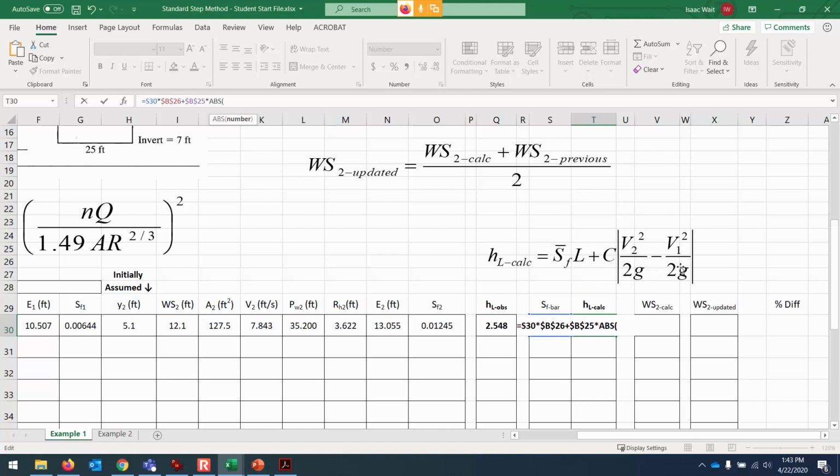All right, so that's going to be here, v2 squared divided by 2 divided by g. So that's the velocity head at 2. Is there a question? Okay, and now the velocity head at 1.